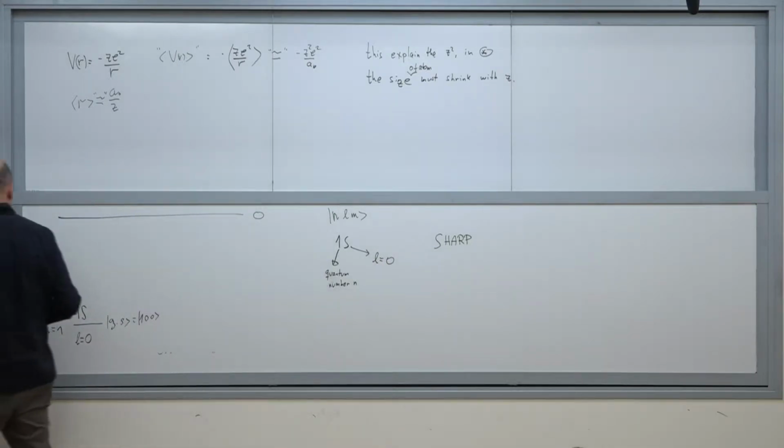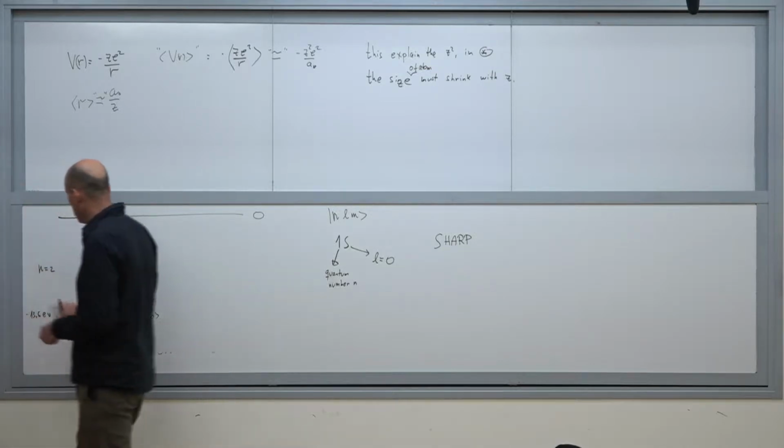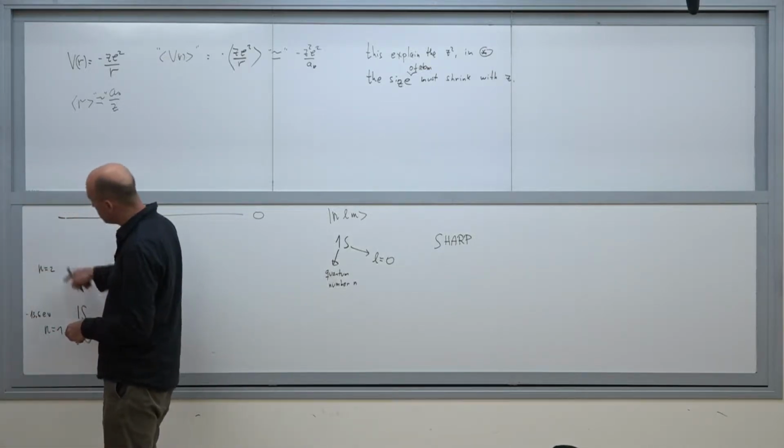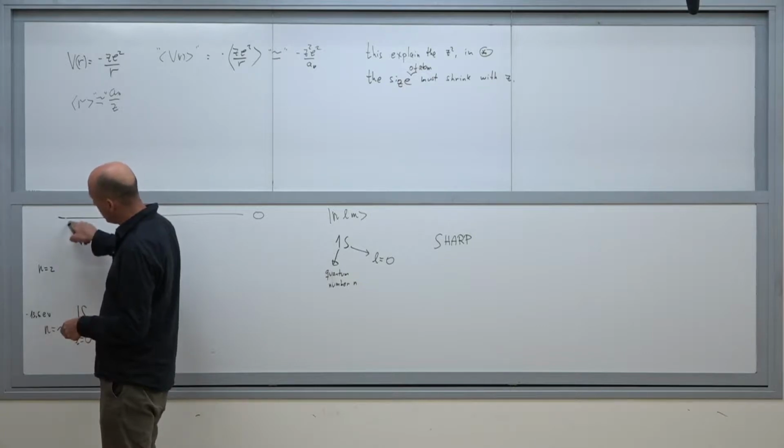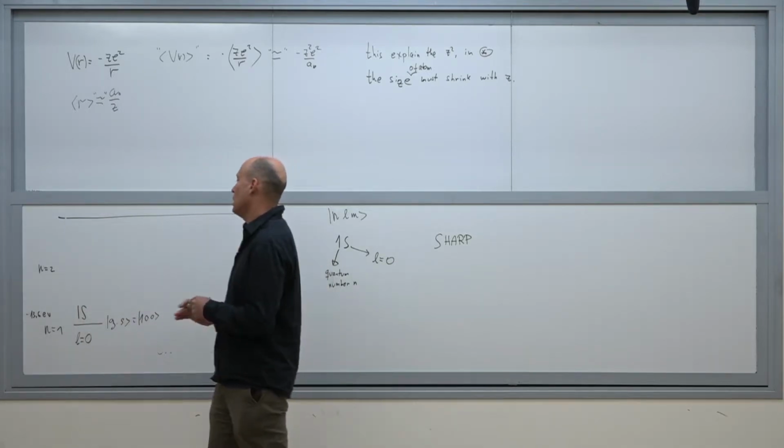Now let us go to the next level, the first excited state. This distance is 13.6 electron volt. This level is 13.6 over n squared, so over 4. I'm not going to plot it really carefully.